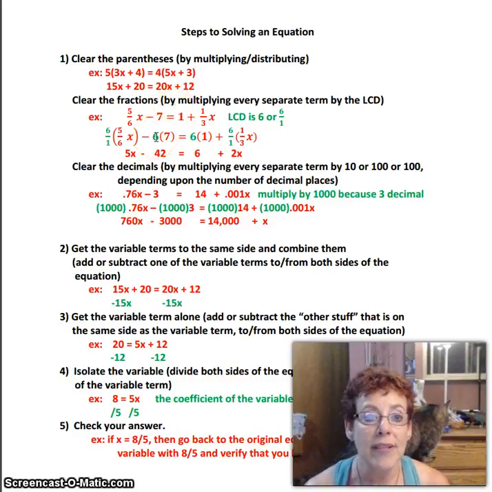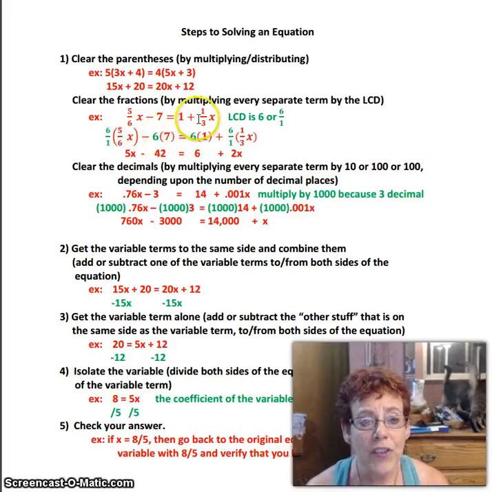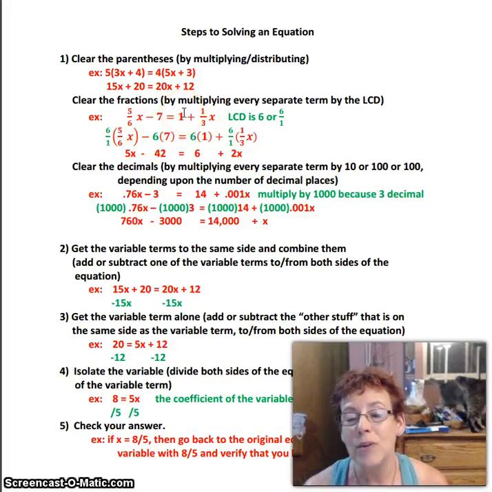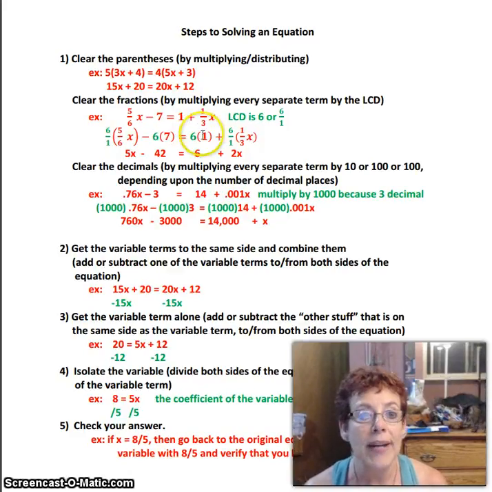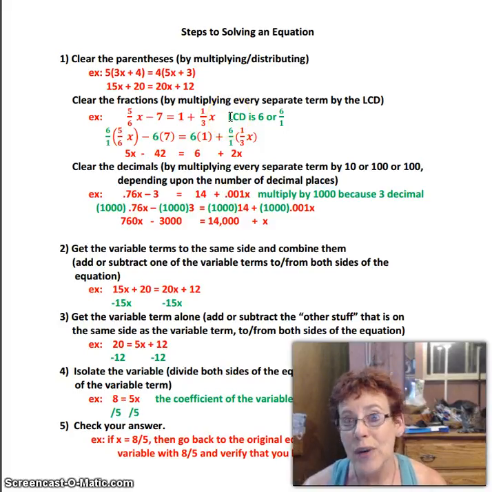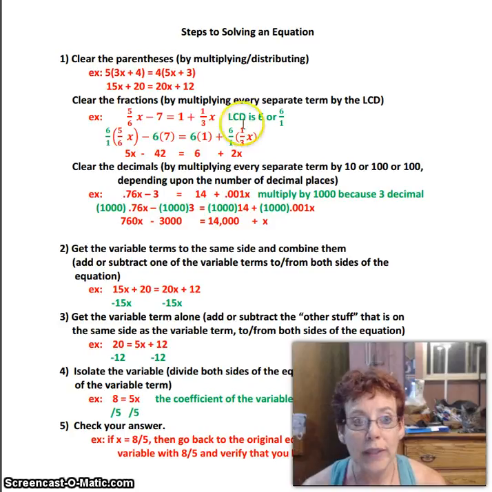On the other side of the equation we have the 1, which again is an integer. We don't have to multiply it by the fractional form of 6. We just multiply it by 6. And the last term, 1/3 x, has that fraction in there, so it makes it easier if we multiply it by 6 over 1.